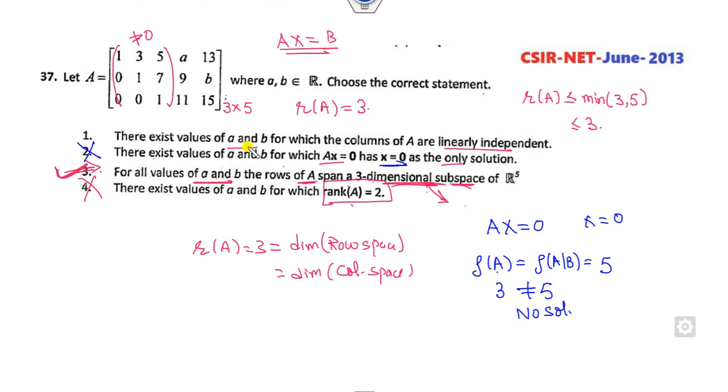For there exists a value of A and B for which the columns of A are linearly independent, there does not exist such A and B, because the rank is 3. So there is no pair of A and B for which the columns are linearly independent. So these are cancelled out. The right option is the third option.